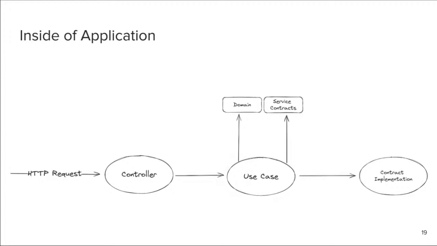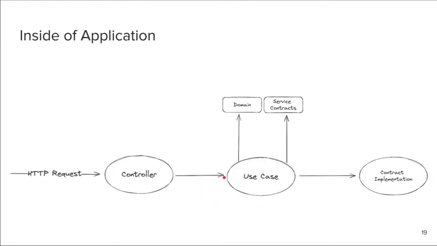So we wanted to have a feature that was to create an order in our partner. So we would have a use case calling create order.